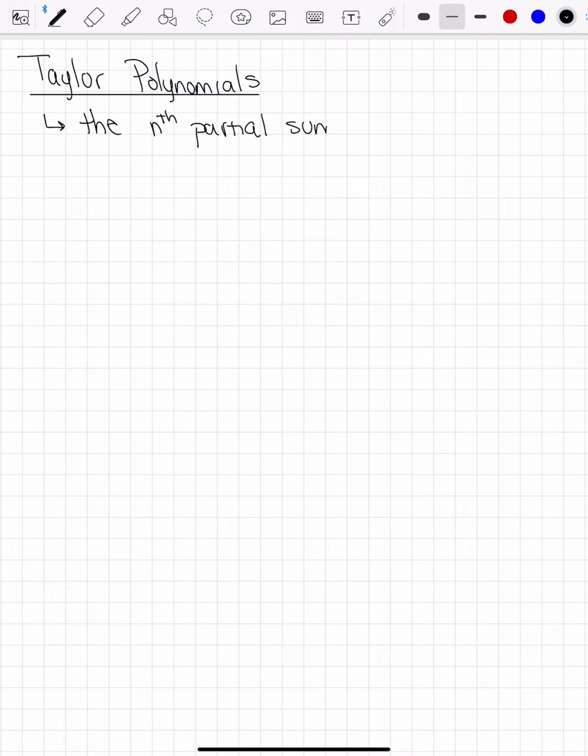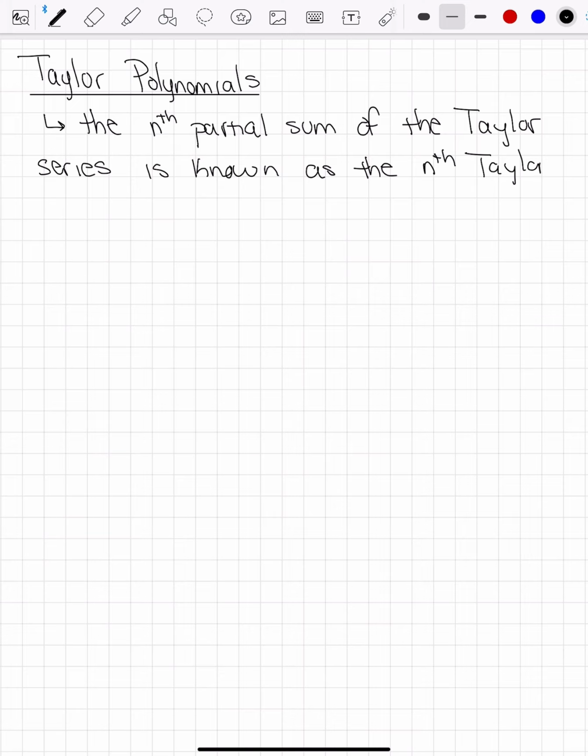So the nth partial sum of the Taylor series is known as the nth Taylor polynomial.